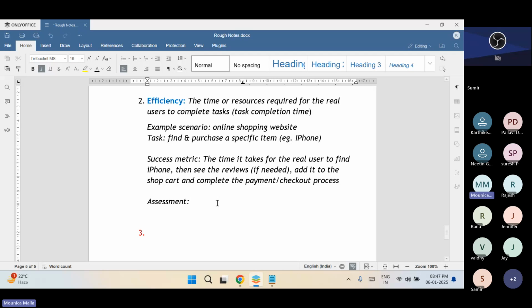Our task is to find something like a laptop or a jeans pant or an iPhone and purchase it. See, there are so many iPhones when you go to Amazon: iPhone 3, iPhone 4, until iPhone 16 or iPhone 15, whatever is the latest.